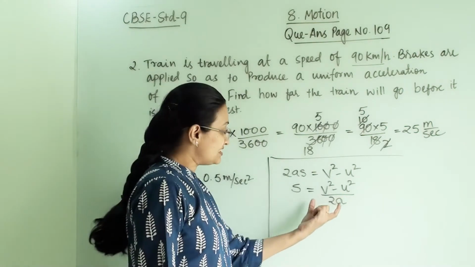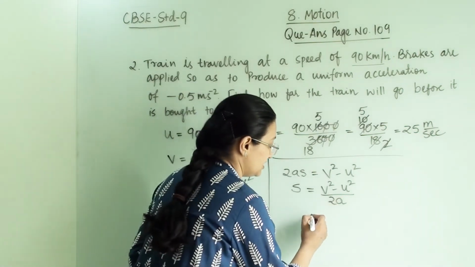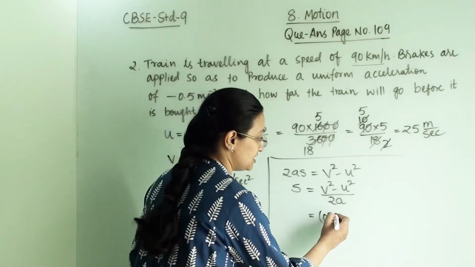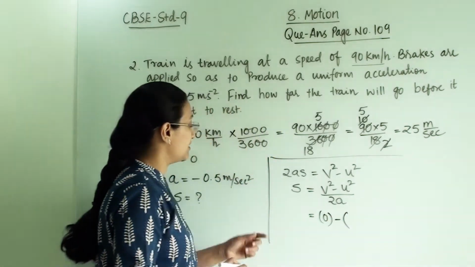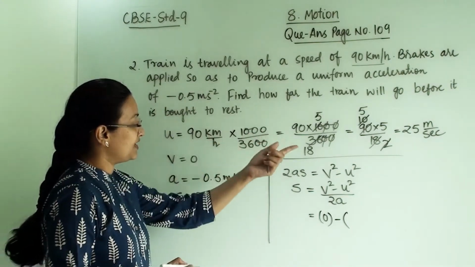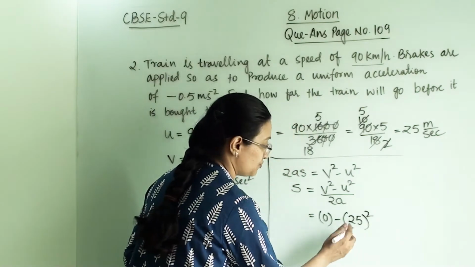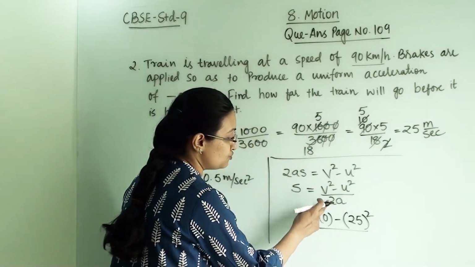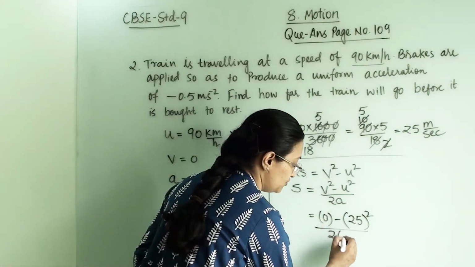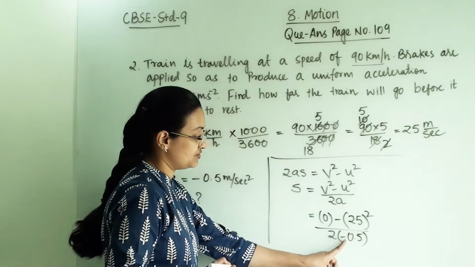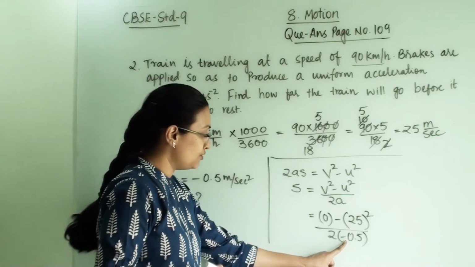Let's put all these details into this equation. v square is 0, the final velocity is 0, minus u square. u is our 25, so we write 25 square. Down below it is 2 into acceleration, so 2 into minus 0.5, that is our acceleration, and the minus sign is important to mention.